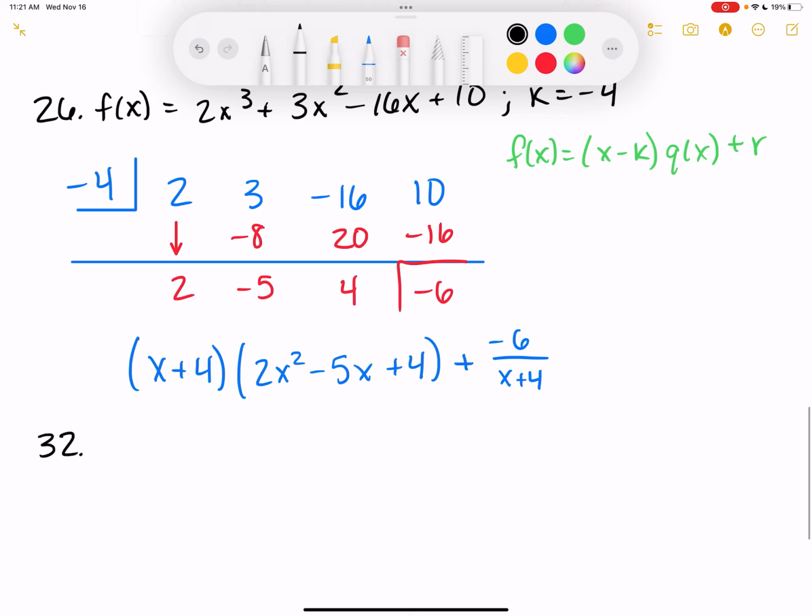32: f of x equals -5x to the 4th plus x cubed plus 2x squared plus 3x plus 1, and k is equal to 1.